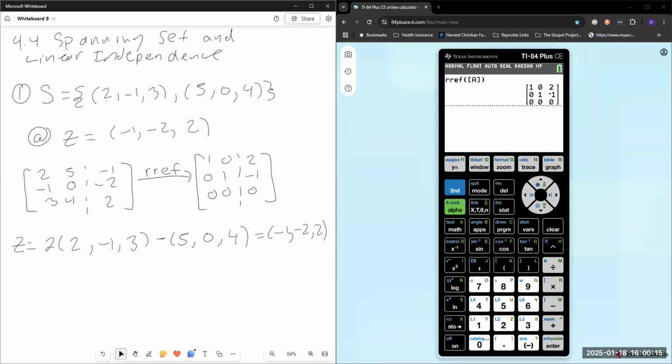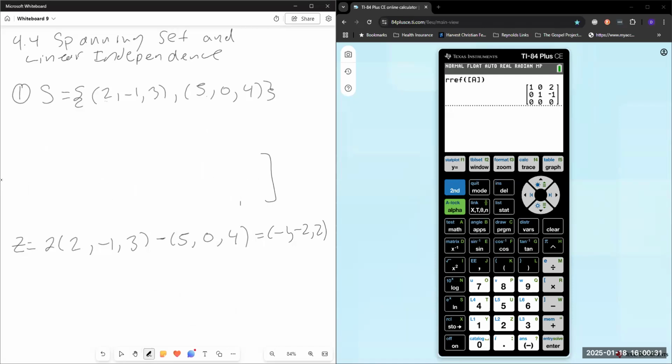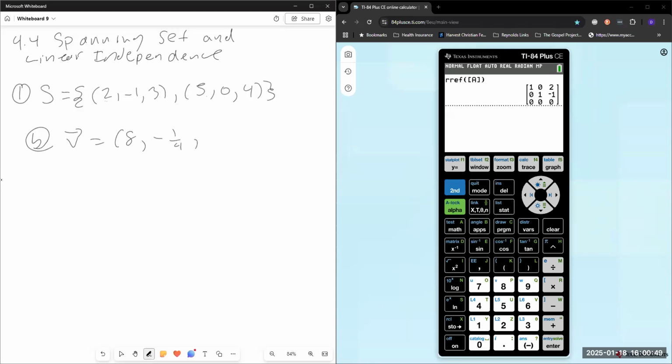All right, let's go ahead and look at part B of that problem. Go ahead and just erase this part here since we have the same S and I don't want to rewrite all that. Part B asks us about vector v, which is (8, -1/4, 27/4).